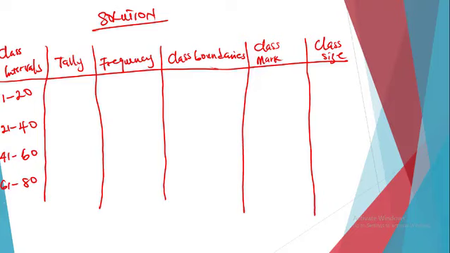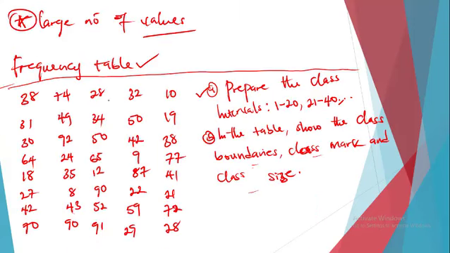Then we'll have the last one, which will be 81 to 100. Is that correct? Okay, let us now go down to the business. So the first thing we need to do is to count the numbers that fall between this range 1 to 20. Let us start.